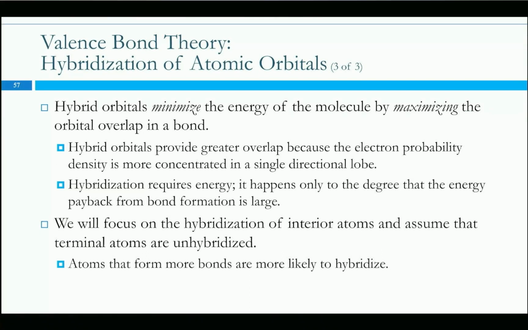The hydrogen itself is not hybridizing because it only has one orbital, but the carbon is. So the hybrid orbitals minimize the energy by maximizing the orbital overlap in the bond. And as I pointed out, the electron probability density gets more concentrated on one side than the other. One lobe becomes much larger, the other lobe becomes much smaller. So that electron is spending more time on the side with the bond.